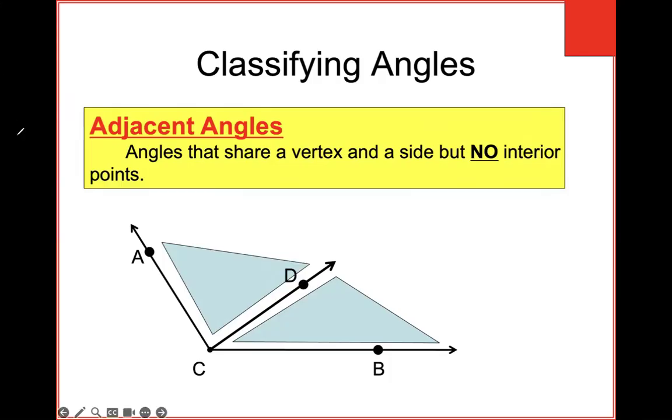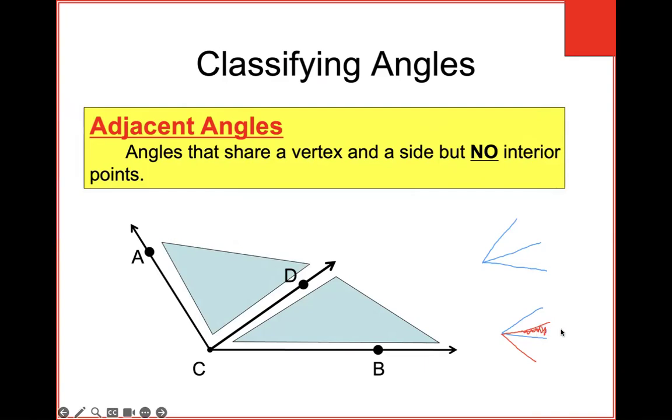I'll try to roughly draw what that means. If you had one angle right here and another angle right here, as opposed to one angle right here, and then I'm going to draw this one in red, and the second angle looks like this. Notice now in this area right here, in both angles, they share points.